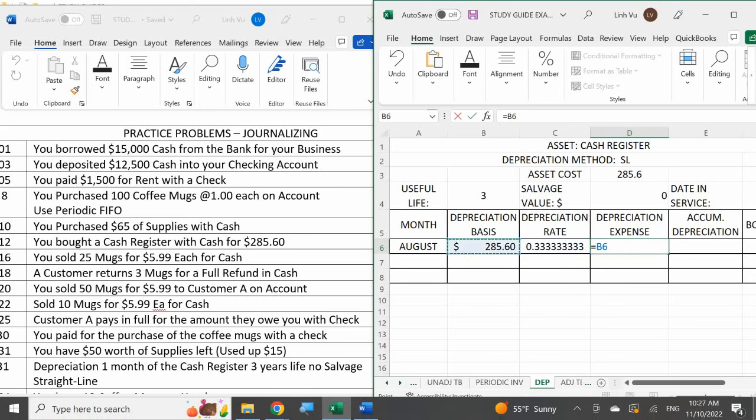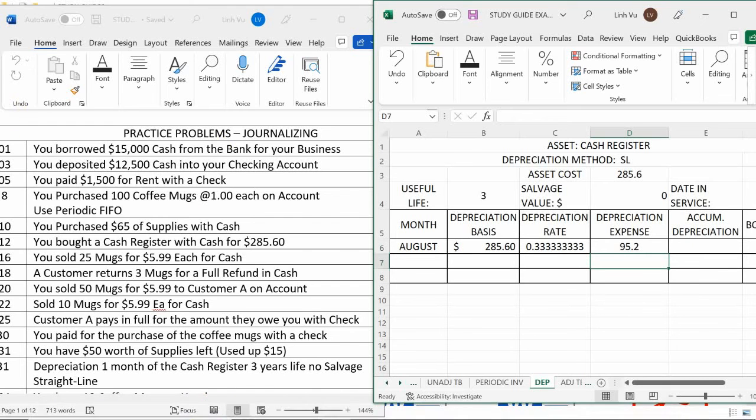$95.20. Now, is that true? Can I depreciate for $95.20? That's for 1 whole year. I only want it for the month of August.